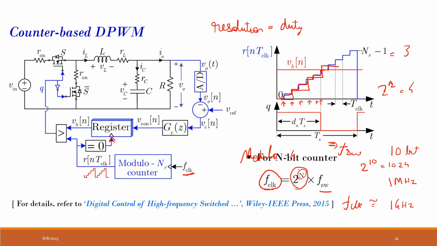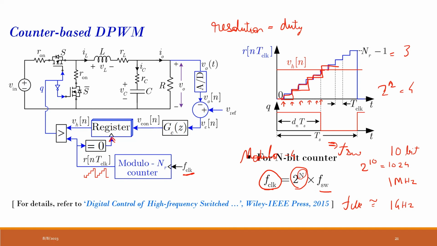So we are facing a sort of challenge or a trade-off, like how much resolution we want, as well as how high a clock frequency we can generate to run this modulo counter. Okay, so we require a large value of clock frequency if we want to use it for high frequency applications.